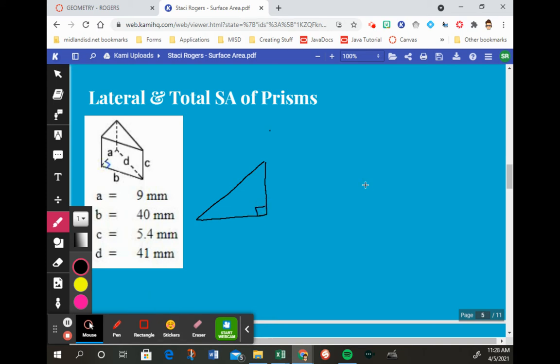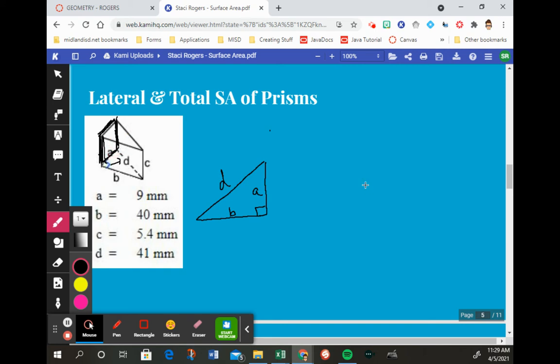I'm going to put B right here, and A, and this one is D. D is across from the right angle. It's not C this time, it's D. Now, how wide is A? Well, here's the height. Here's the box I'm looking at.